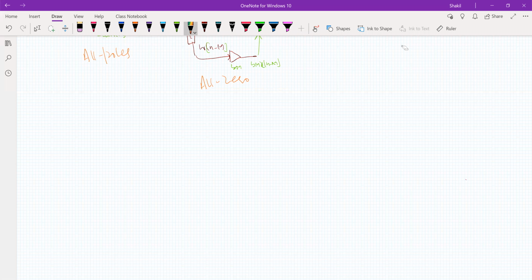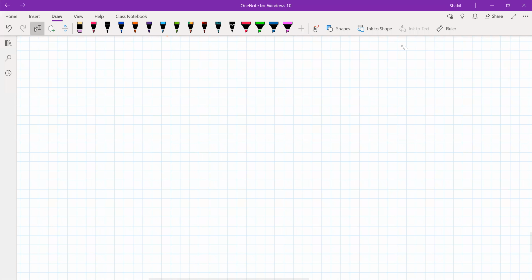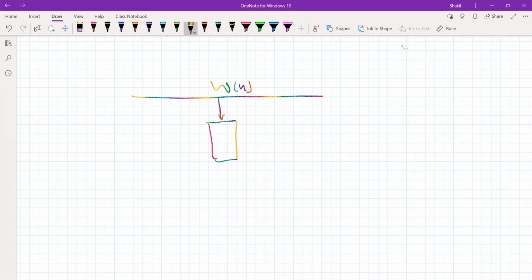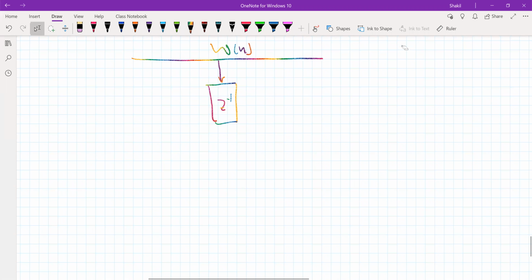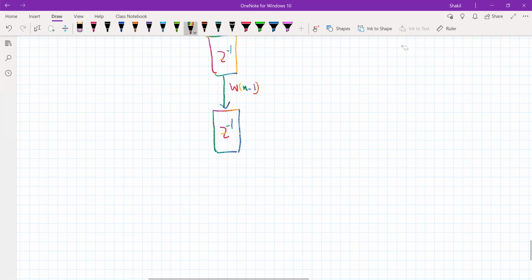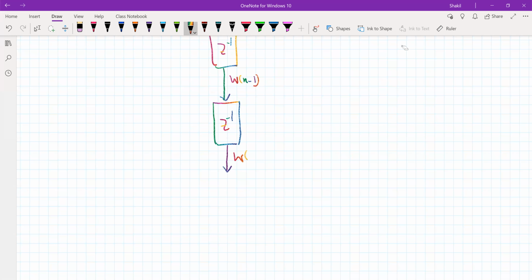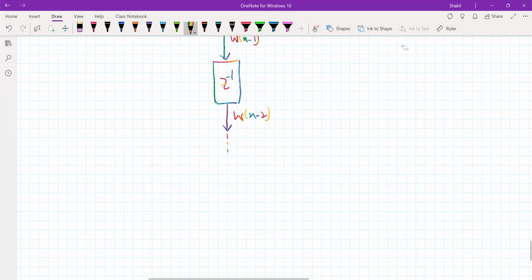First, let's redraw it. So now I have Wn available here. So what I will do, I will pass this through a delay element. So here we have Wn minus 1. Then I will again pass this through a delay element. Then we have Wn minus 2, and so on, and so on.